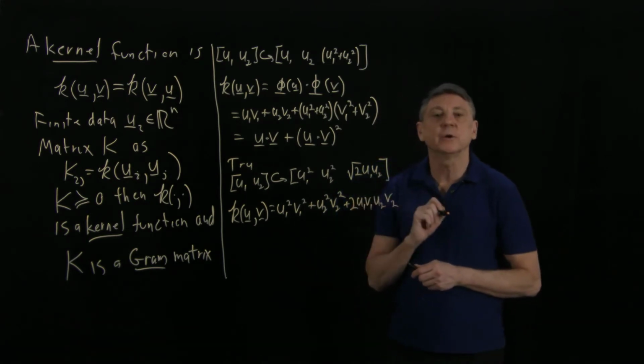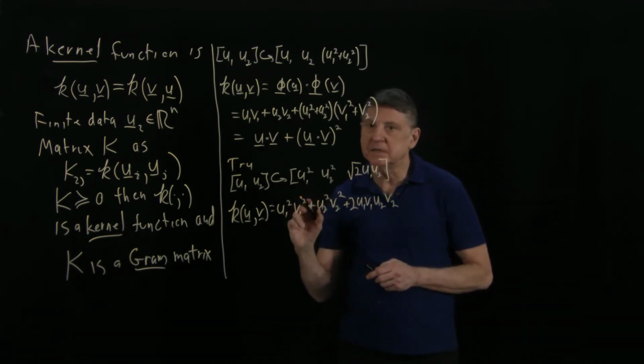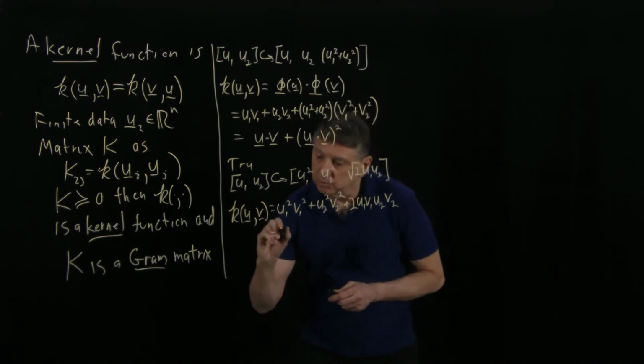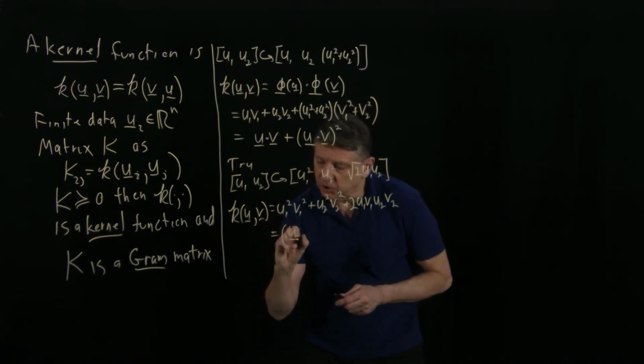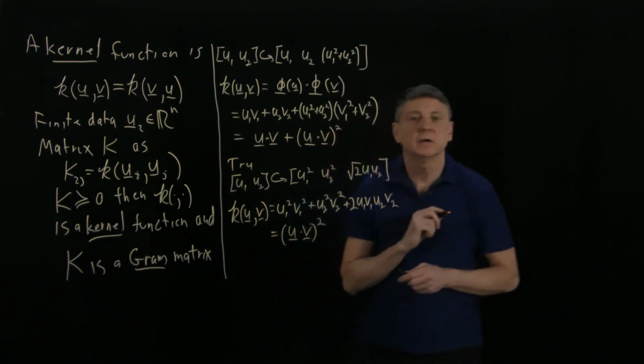I'm just reordering those because then I can see immediately that this is the dot product of the observations squared.